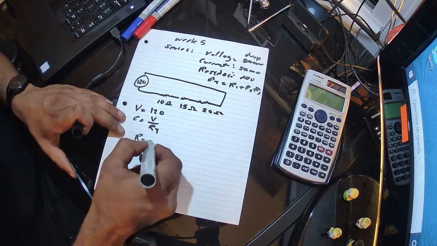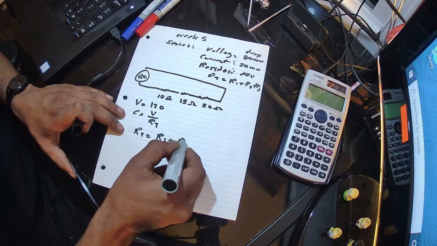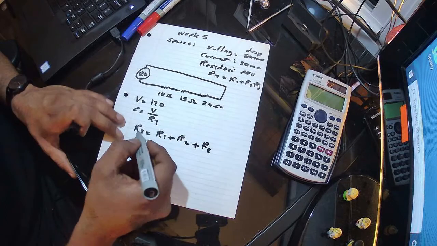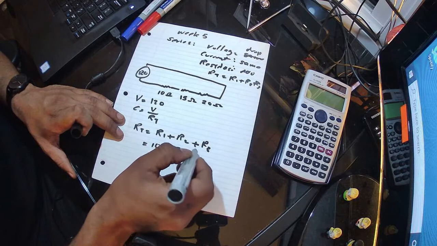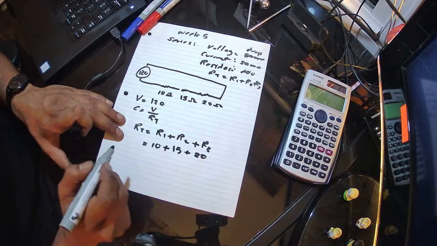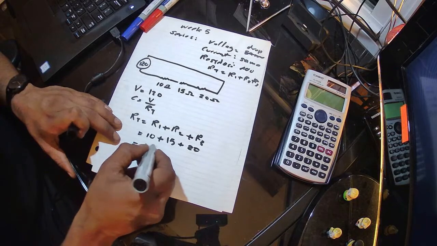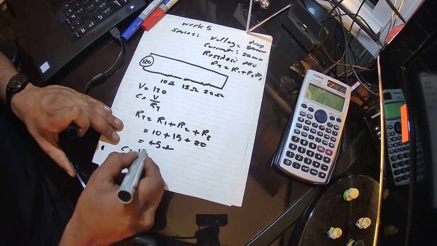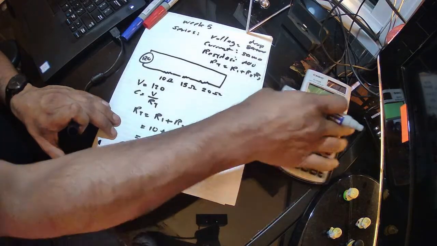So R total will equal the sum of all of them, R1 plus R2 plus R3 equals 10 plus 15 plus 20. That is equal to 45 ohm.